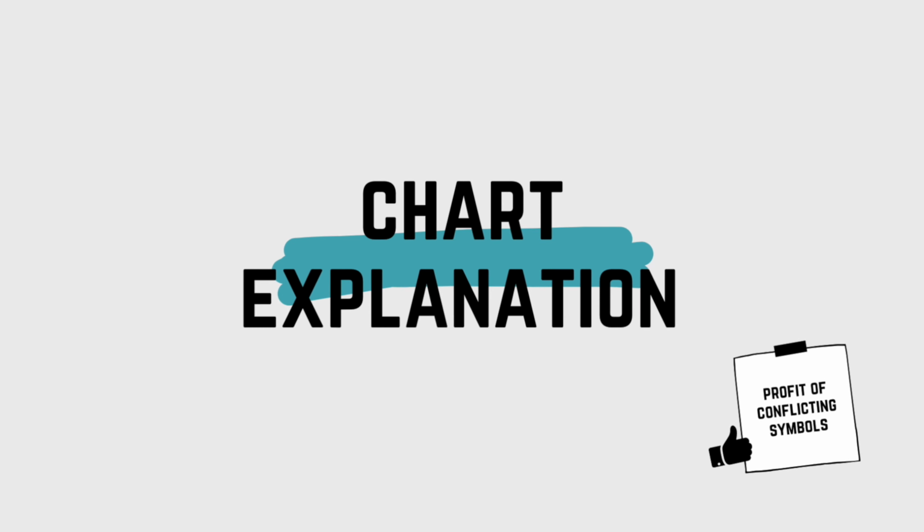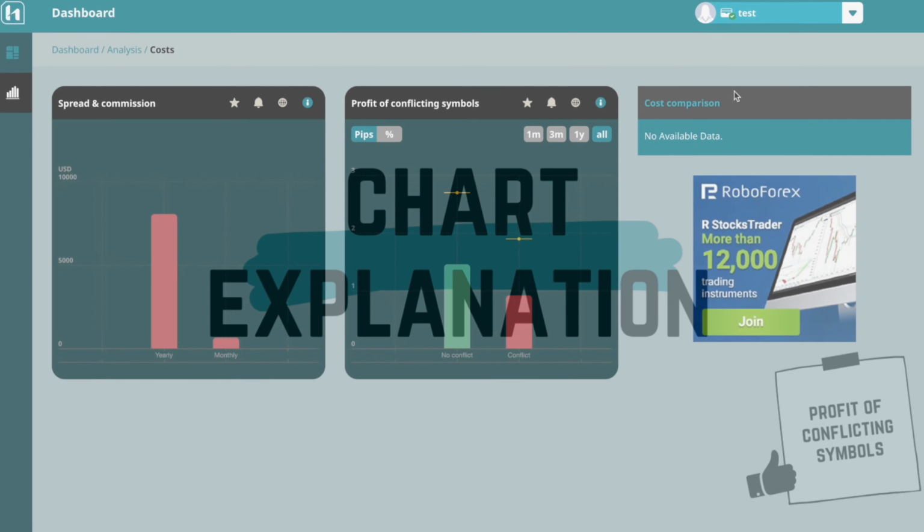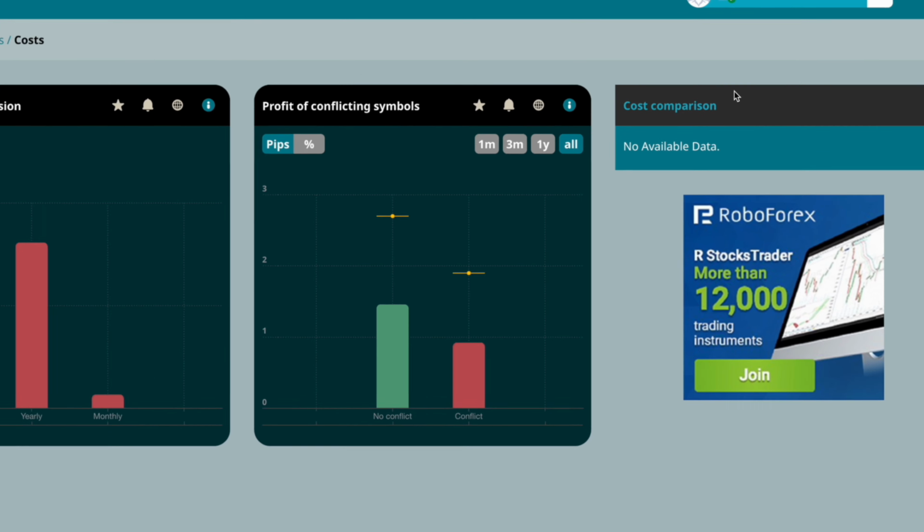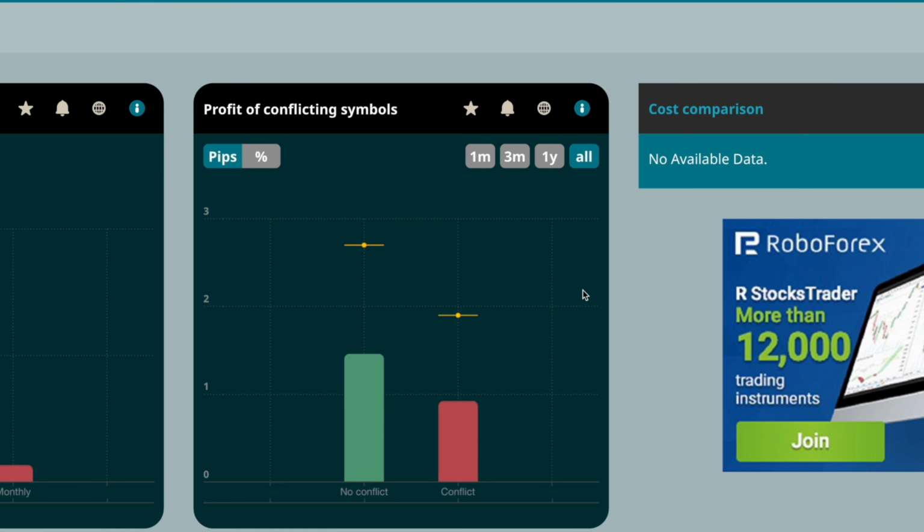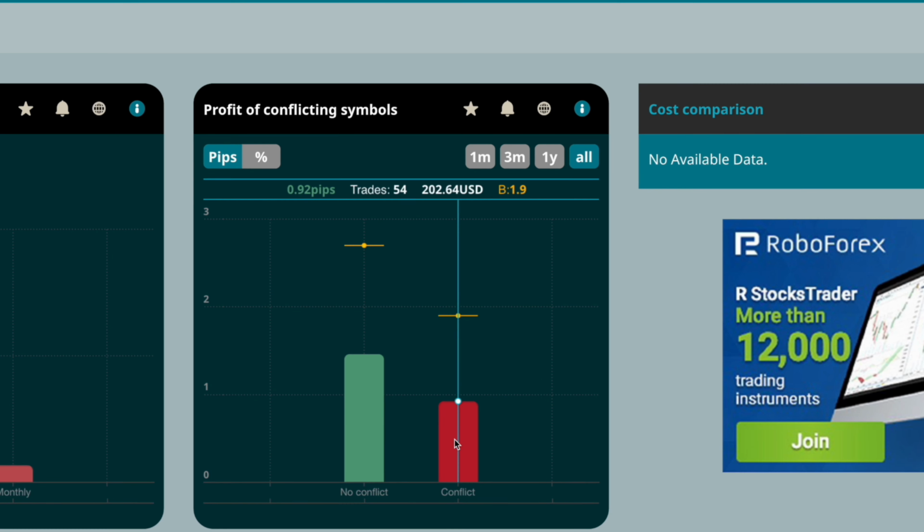Now, let's have a look at how this might actually affect your trading performance. Looking at the chart, we see the average performance per trade in case the trade was open with a conflict to other positions versus when the trade did not have a conflict. Besides the profit per trade as shown in pips here, it is also important to check how many trades fall into each category.